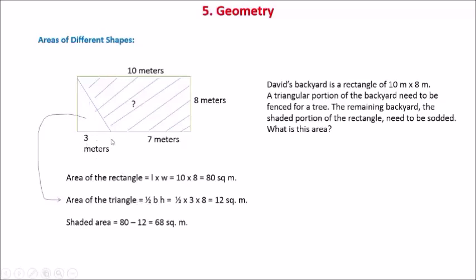The base is 3 meters, and because this is a rectangle, the height is 8. So 1/2 times 3 times 8 is 12. The shaded area is 80 minus 12. You know how to calculate the area of the rectangle and of the triangle, so take the difference between the two. That is the answer.